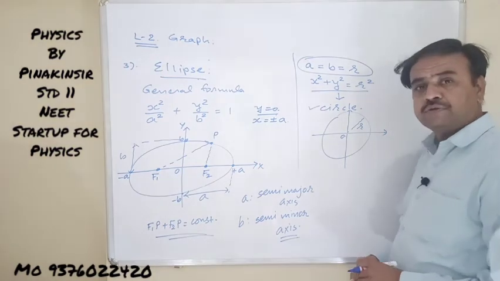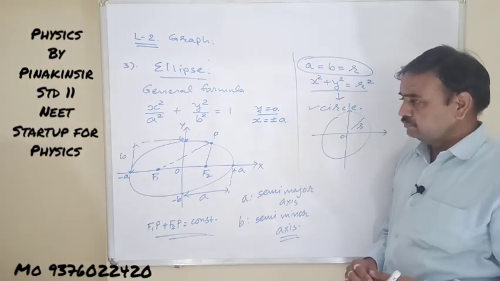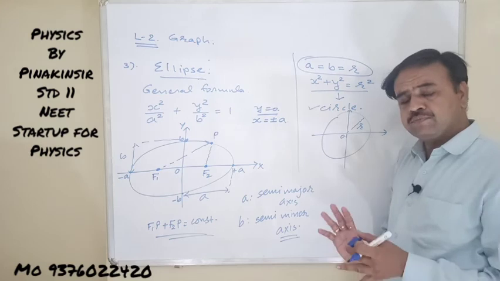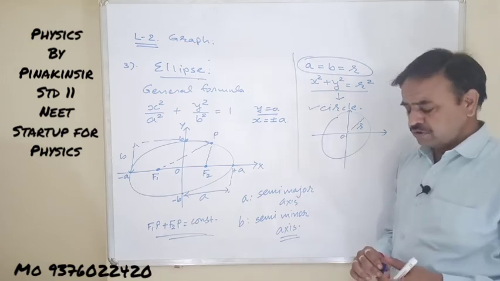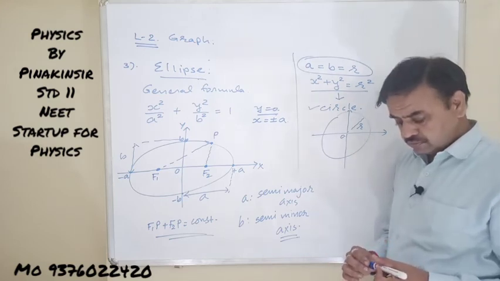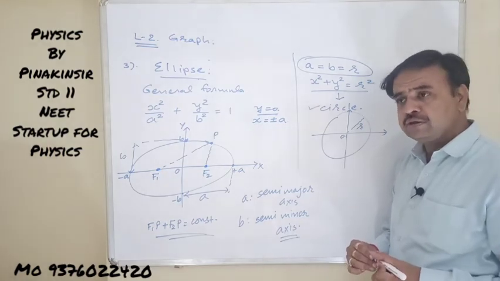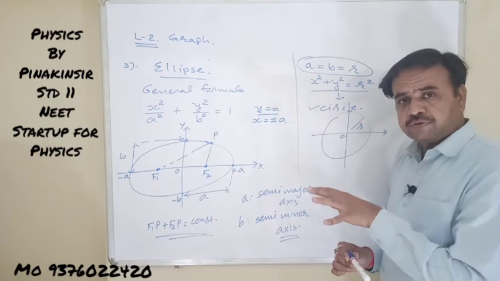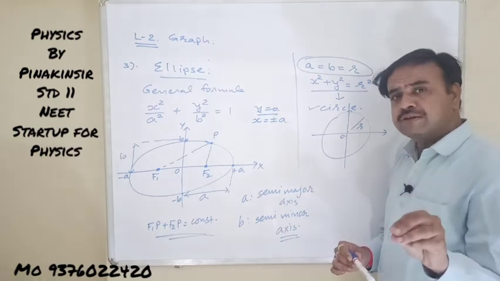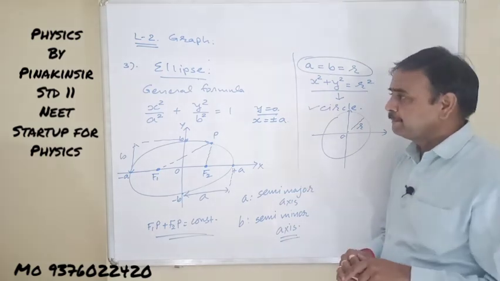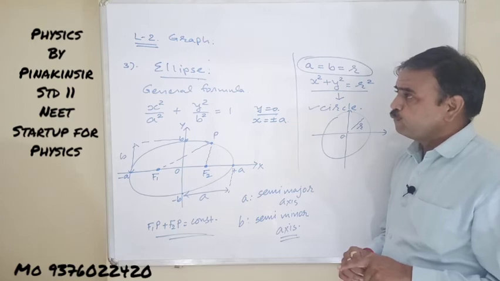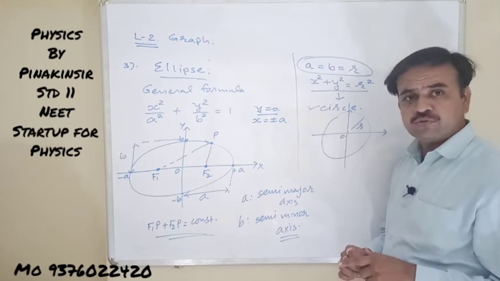Particularly for graphs, it is not the end, but it is up to the mark. We have to just memorize, we have to just identify the general formula, their shapes and basic characteristics of the graph. For now it is okay.